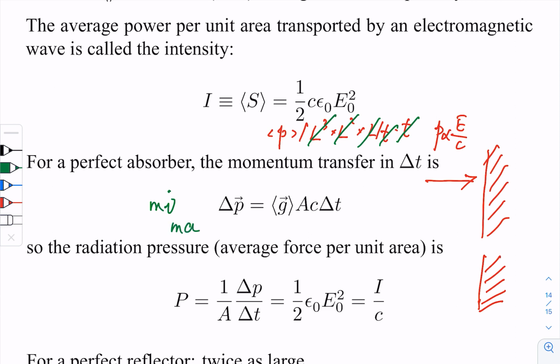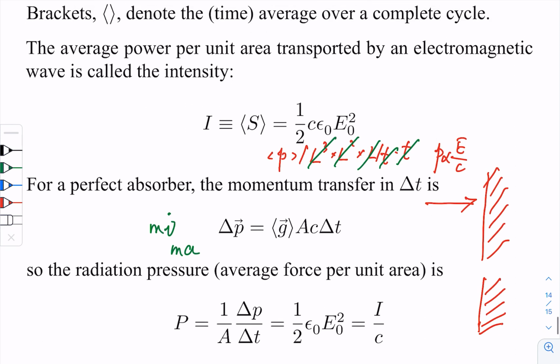So here delta p over delta t is simply equal to the force. So the force per unit area actually gives us the pressure. So unit-wise, this must make sense, right? Now if we plug everything in, then we see that the pressure on a perfect absorber is simply the intensity divided by the speed of light c.